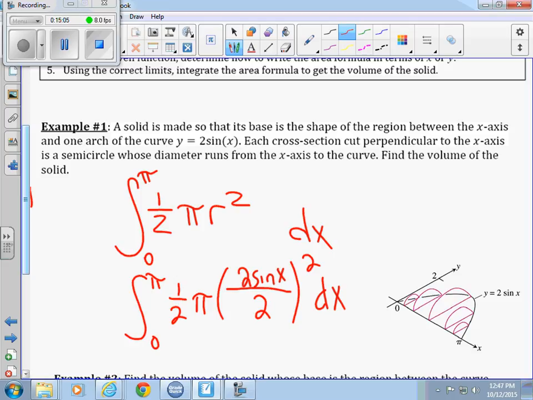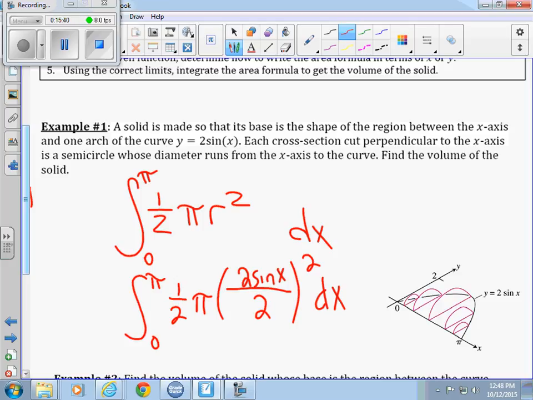Okay, it's a semicircle. What's easier? Yes, though it would be the same radius both ways, we want it to be as easy as possible. Does that make sense? But we have to use something we know, and we do, because we know the height of the curve.